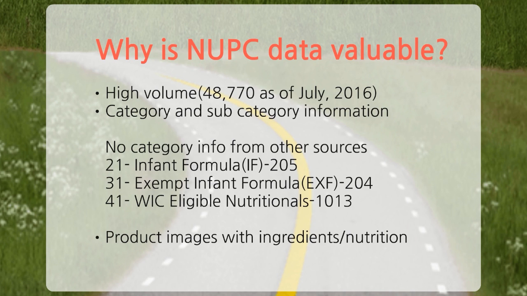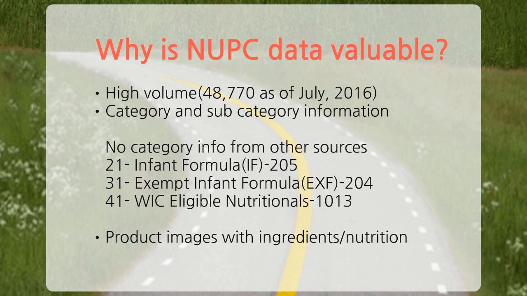But UPCs from national UPC already have the category and subcategory information, especially categories 21, 31, and 41. Those have 205, 204, and 1013, respectively. That is the number of subcategories under that category.